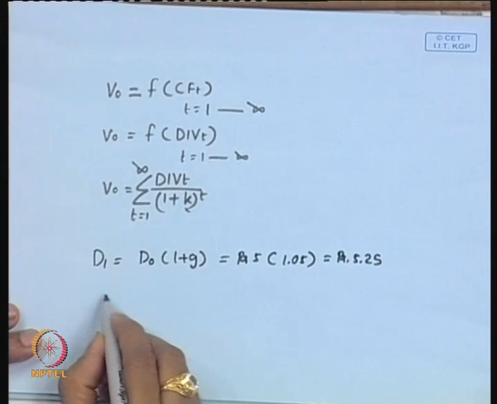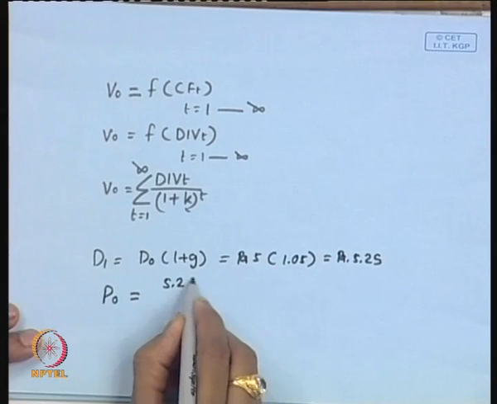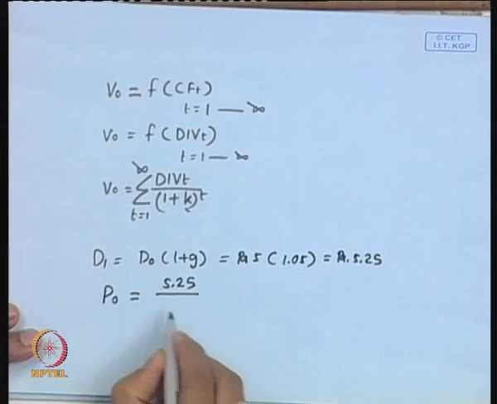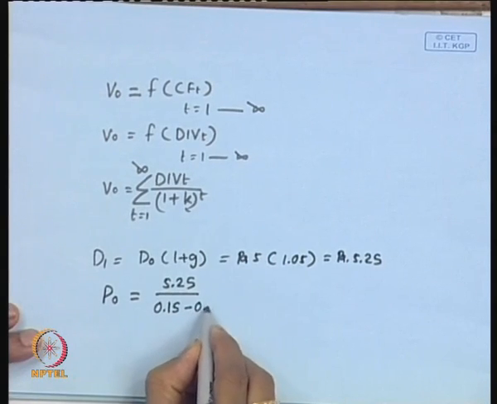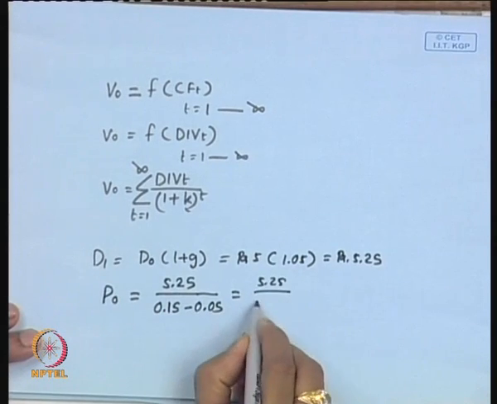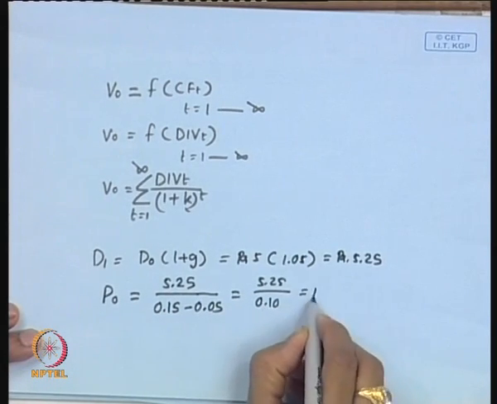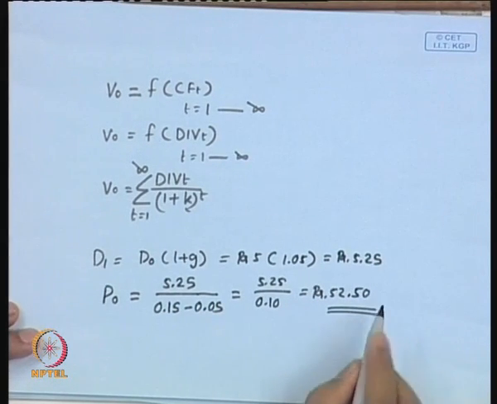Then the value of the share, the price today, should be 5.25, which is D1, divided by K, given as 0.15, minus 0.05, the growth. That gives us 5.25 divided by 0.10, which gives us rupees 52.50, that is 52 rupees 50 paisa, the price of the share.